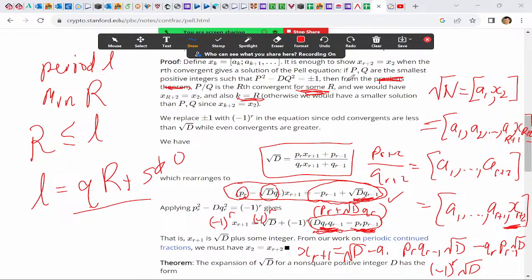Okay, so the whole point of this is that if you have XR plus 1 is root D plus an integer, like the first step of when you do the continued fraction, yeah? If you have some number like root 2, the first step of the continued fraction is to take the integer part out and then flip the rest. You know what I mean?